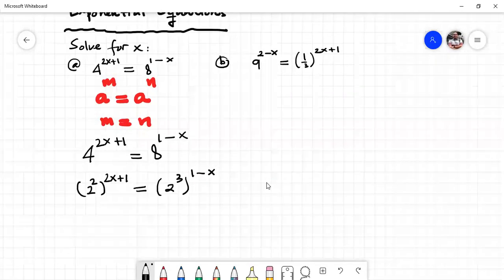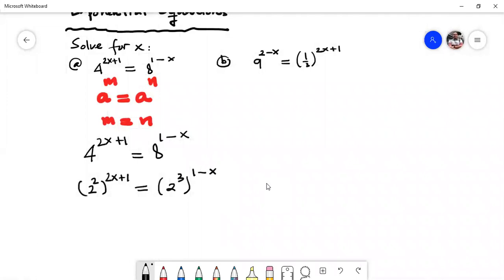Okay, now the next step is we distribute the power inside the bracket into the exponent outside of the bracket. So it must be 2 to the power 4x plus 2 equals 2 to the power 3 minus 3x.